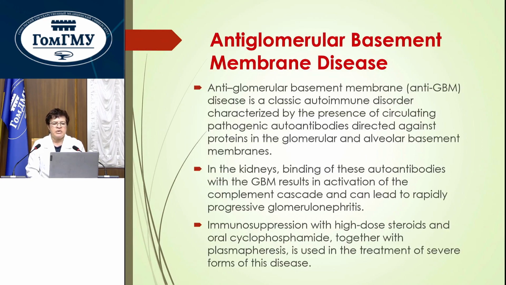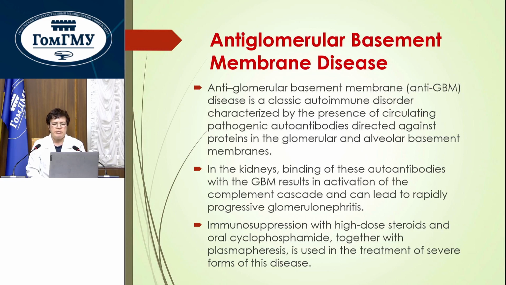And it is necessary at the end of the lecture to say a few words about anti-glomerular basement membrane disease. The disease is a classic autoimmune disorder characterized by the presence of circulating pathogenic autoantibodies directed against proteins in the glomerular and alveolar basement membranes.